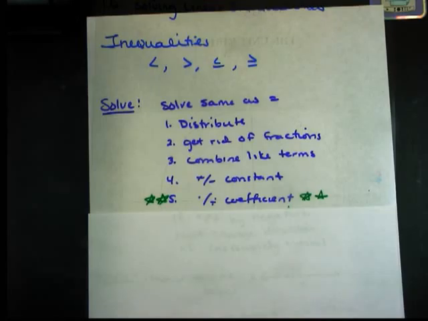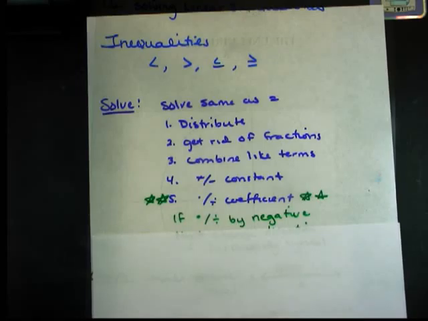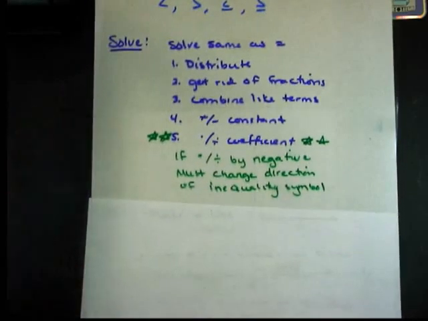But when you multiply and divide, you have to be careful, because if you multiply or divide by a negative, you must change the direction of the inequality symbol. Less than becomes greater than. Greater than or equal becomes less than or equal. If you multiply or divide by a negative, make sure you switch your symbol.